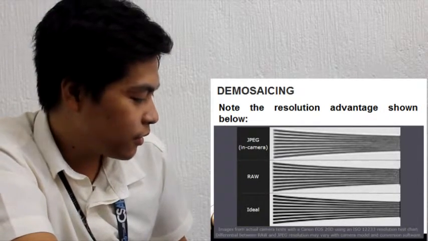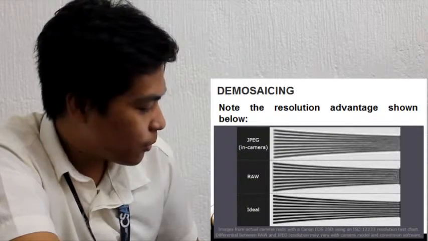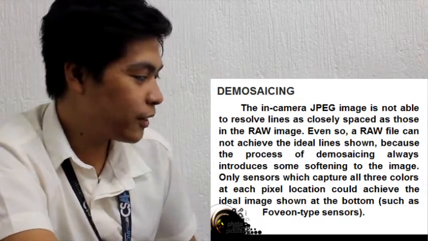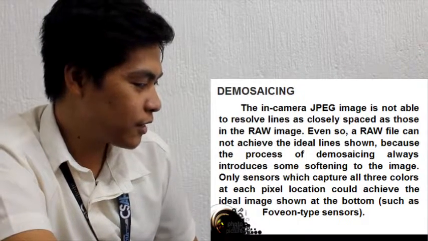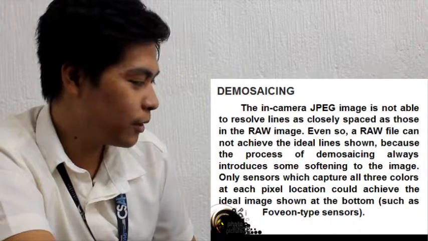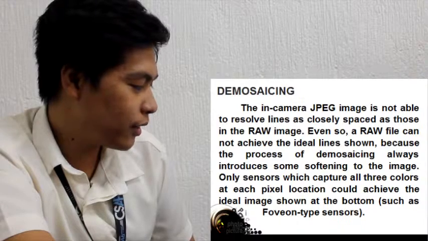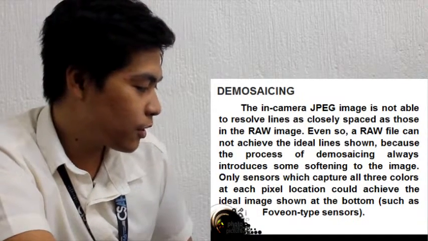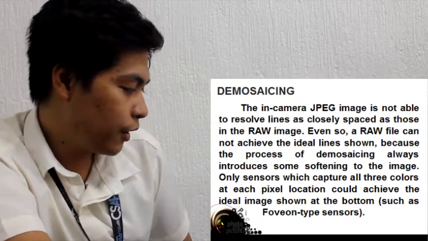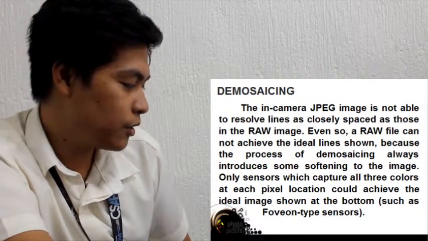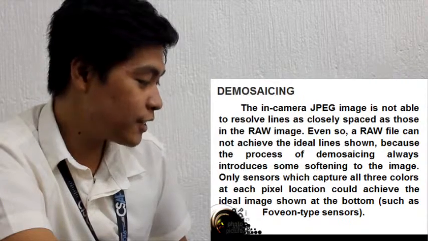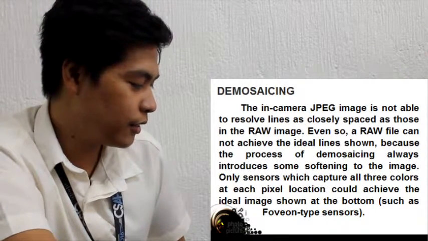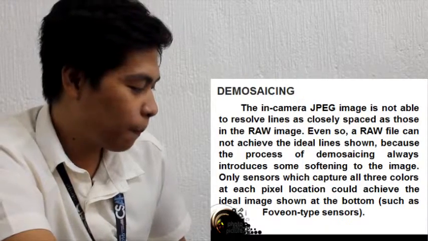So this is an example of demonstrating this. The in-camera JPEG image is not able to resolve lines as closely spaced as those in the RAW image. Even so, a RAW file cannot achieve the ideal line shown because the process of demosaicing always introduces some softening to the image. Only sensors which capture all three colors at each pixel location could achieve the ideal image shown at the bottom.